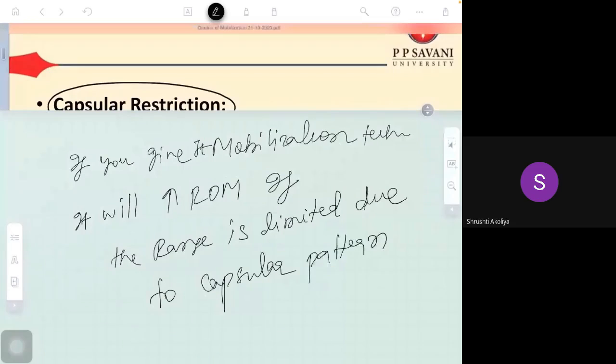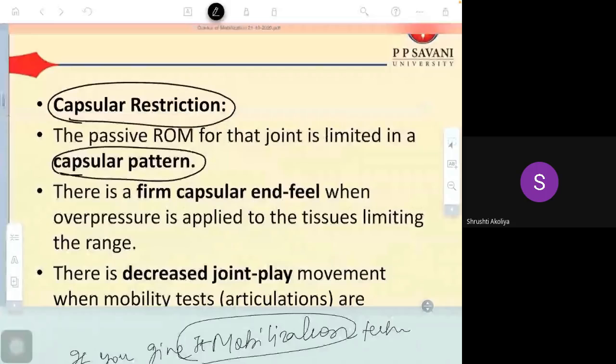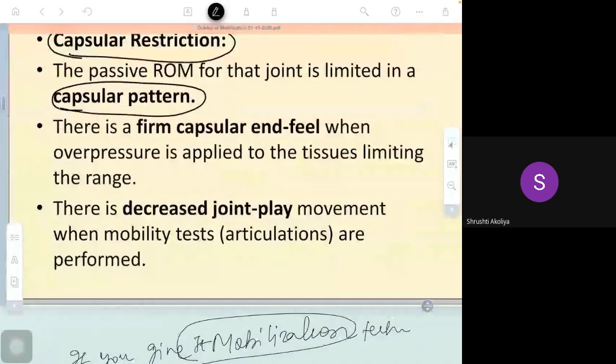Once you read this sentence, that joint mobilization will increase the range of motion if the range of motion is restricted due to capsular pattern. So first, what is capsular pattern? Have you heard this word, capsular pattern of restriction? Each and every joint has a different capsular pattern of restriction.